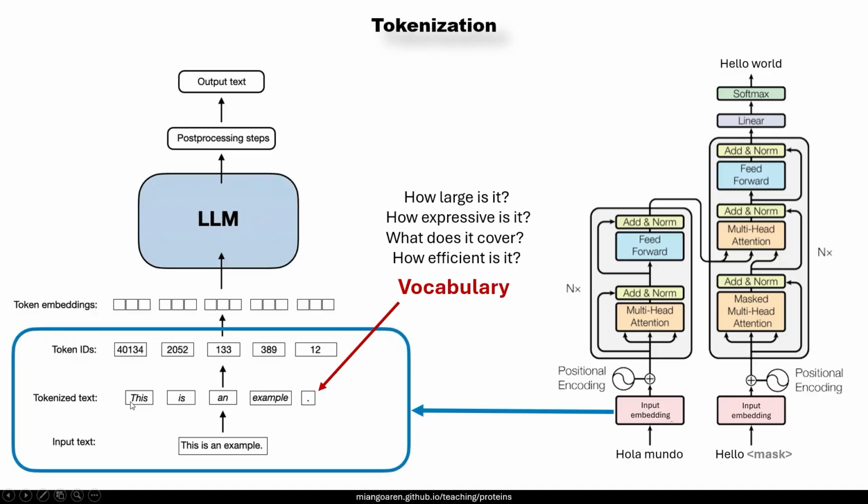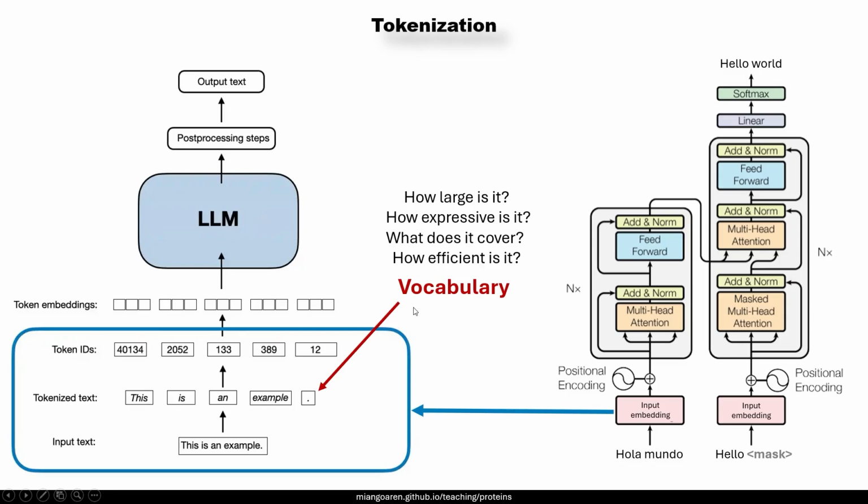And then, for each of these tokens, we now have a numerical representation. Because as you know, any algorithm doesn't really understand words, it understands numbers. So anything, if it's a protein, if it's an image, if it's a video, we have to find a numerical representation to be able to operate on it, which in this case are simply IDs that are associated with a vocabulary.